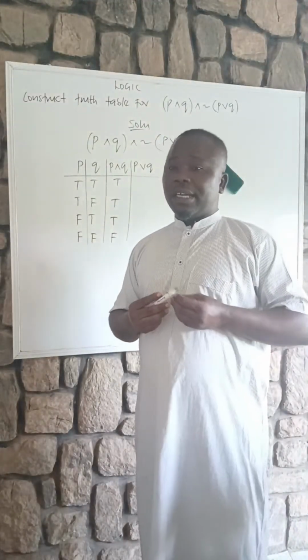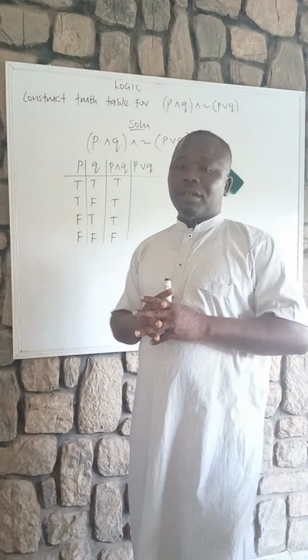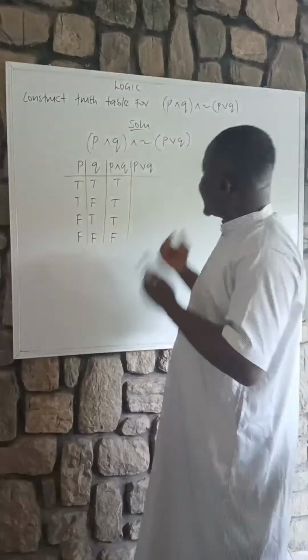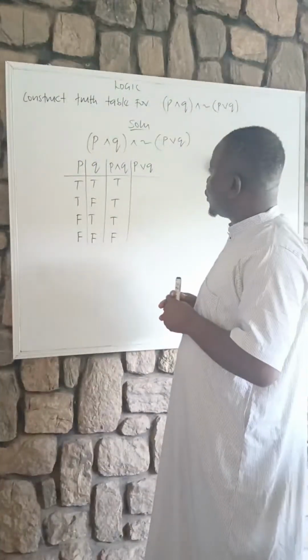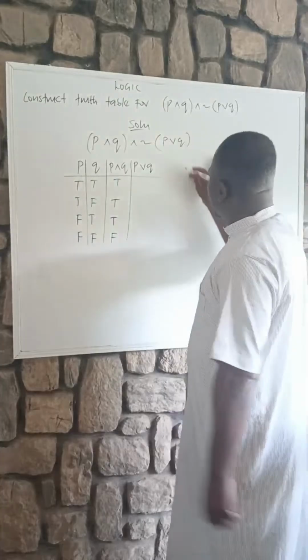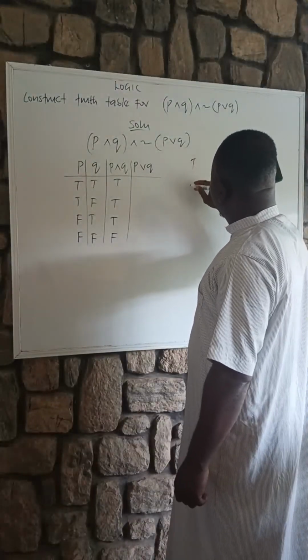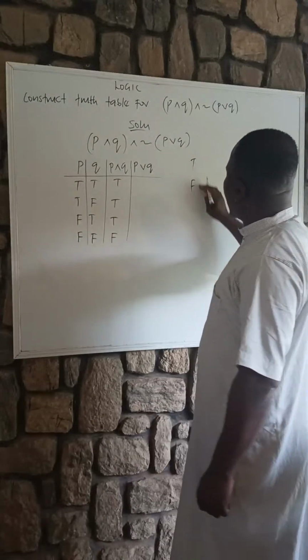The rule states that two statements are to be considered true if both of them are true. Otherwise, false.